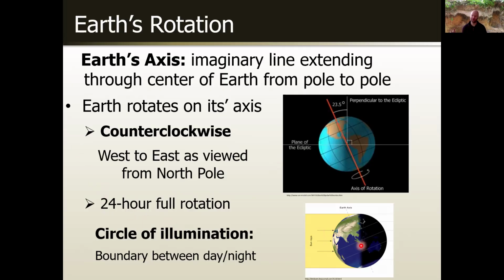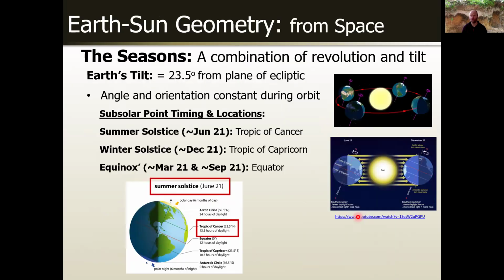It takes 24 hours to complete one counterclockwise rotation. And at any given time, there's this circle of illumination, which is the boundary between day and night, the circle going all the way around Earth, separating day from night, where the Earth is pointed toward or not toward the sun.